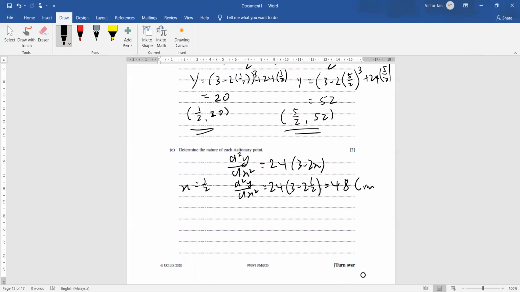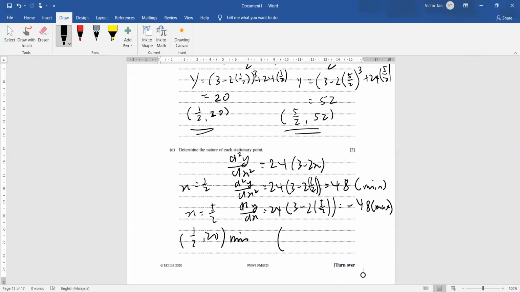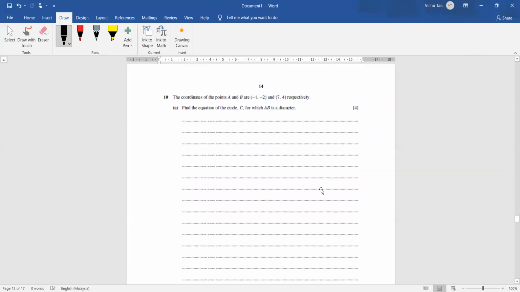So this will give you a minimum point. X equals 5 over 2: d2y/dx2 equals 24 times 3 minus 2 times 5 over 2, which is minus 48. This is a maximum point. So half, 20 is a minimum, 5 over 2, 52 is a maximum. Okay, we have it. Next, question 10.